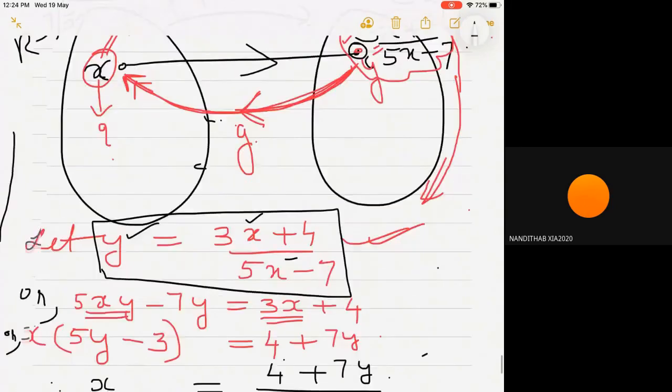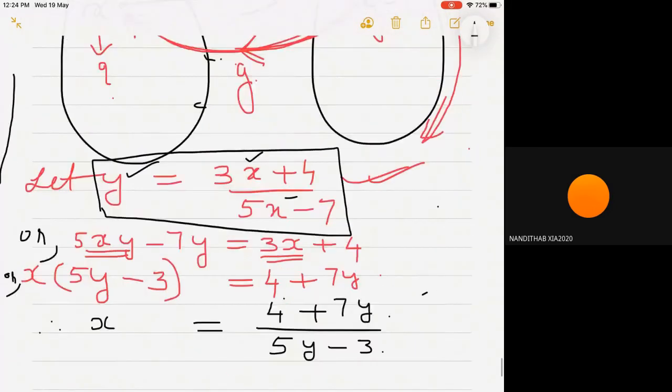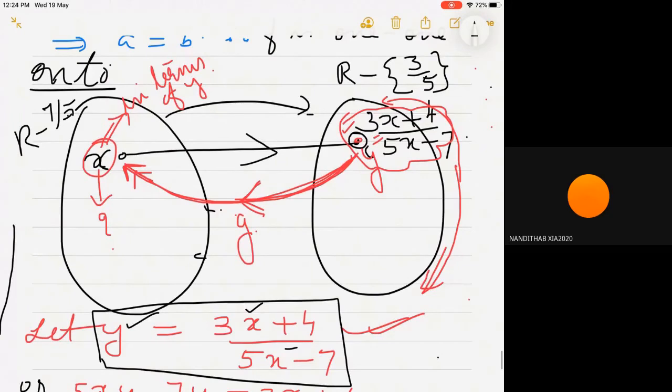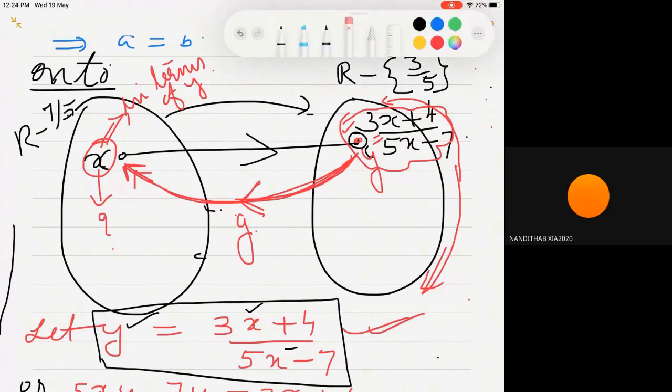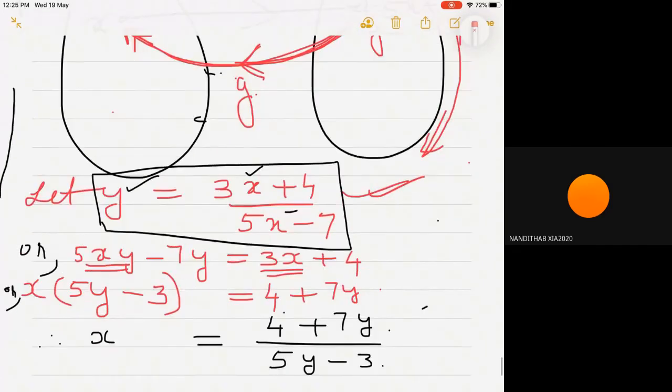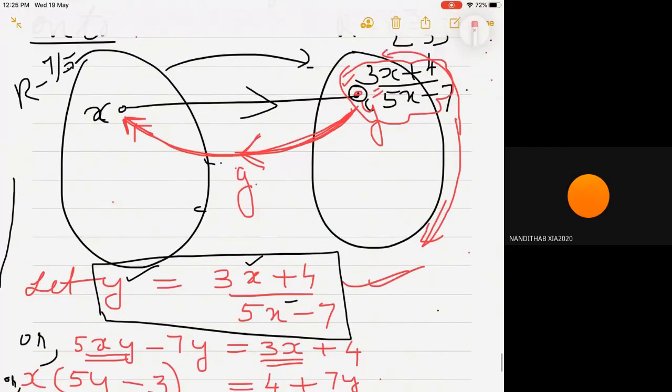Now listen children, see here what we did is, you have written x in terms of y. So in this question, your aim was to write x in terms of y, and we got it as 4 plus 7y.